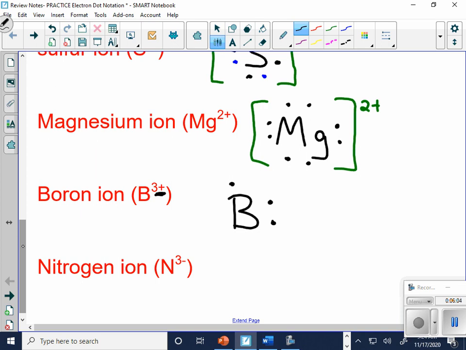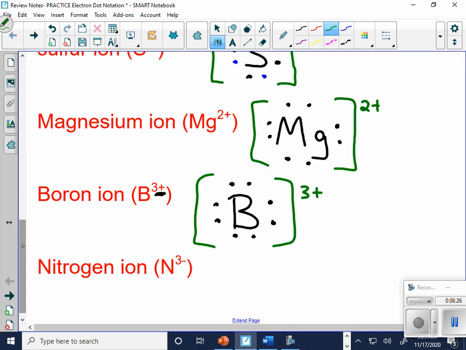The problem I saw is people would put boron and say, okay, it loses those electrons, and then it filled up its outer shell and took a +3 charge.